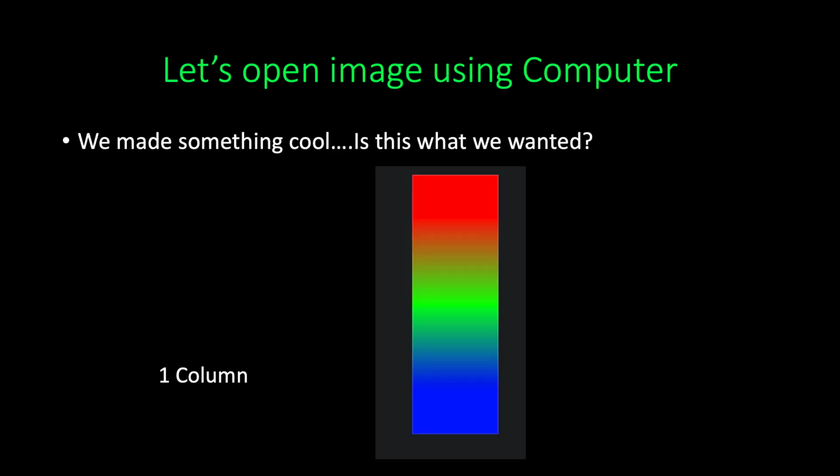So we got it, right? This is cool, but remember we were trying to create one row and three columns. Instead we got one column and three rows. So again, it's important to understand columns and rows, rows and columns, RGB versus BGR, depending on whether you are using Pillow or OpenCV.